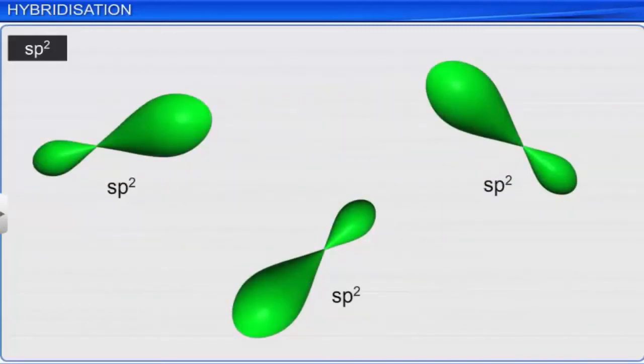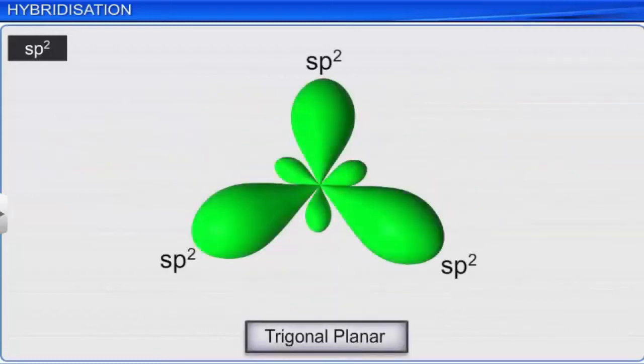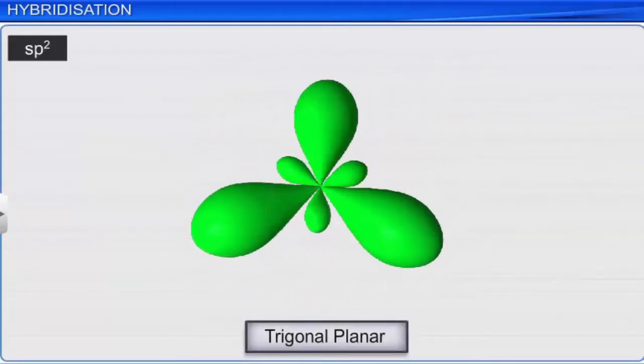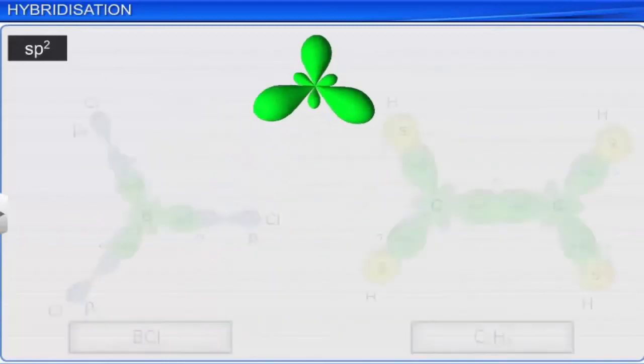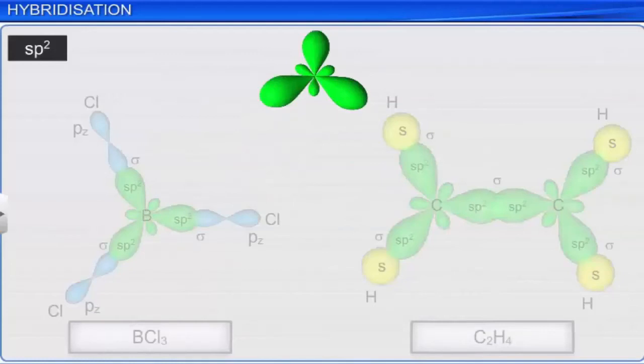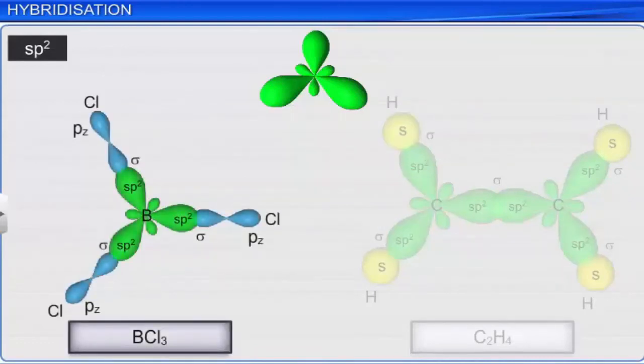They have a trigonal planar arrangement, and the angle between two orbitals is 120 degrees. Some compounds whose central atom displays sp2 hybridization are BeCl3 and C2H4.